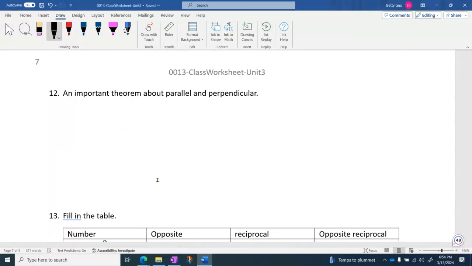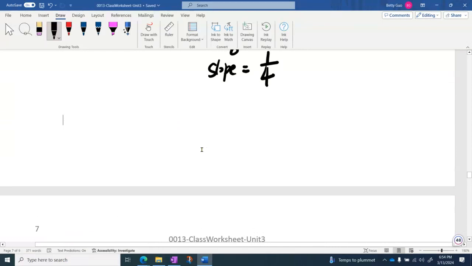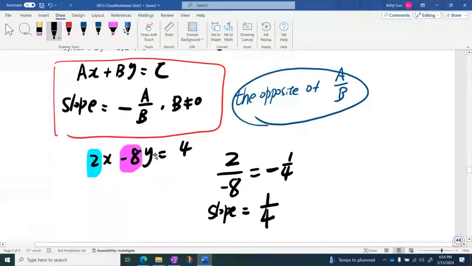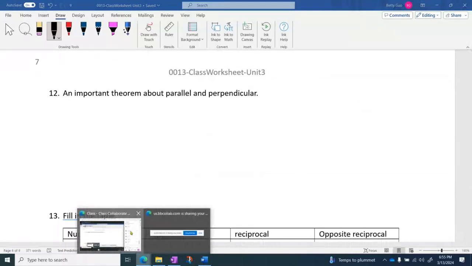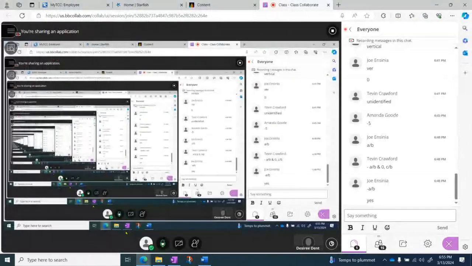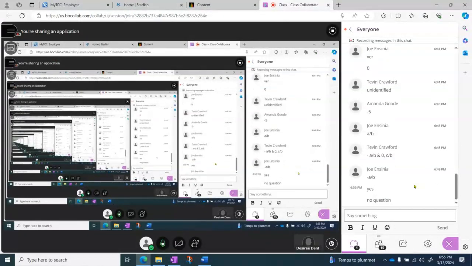Are you able to, at least, be aware we have a formula here to find the slope? Let me know. Do you have any questions? Joe, do you have a question? Joe, can you shoot a question? No question. Okay. Thank you.